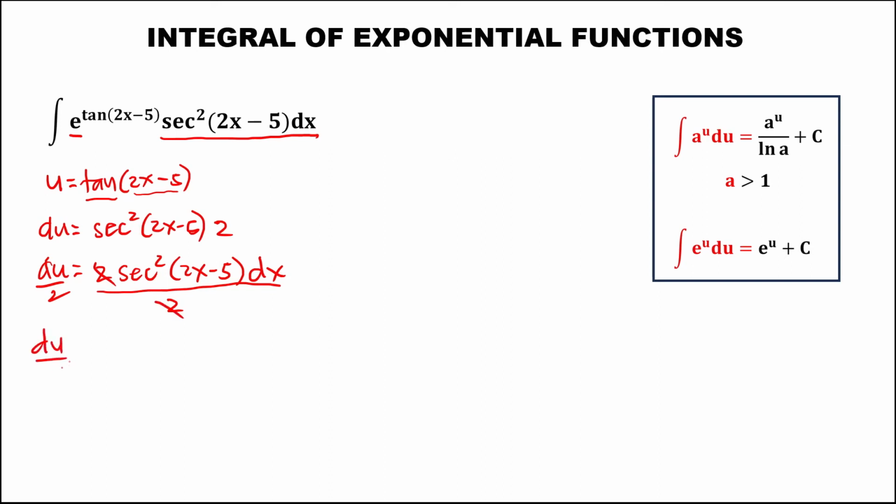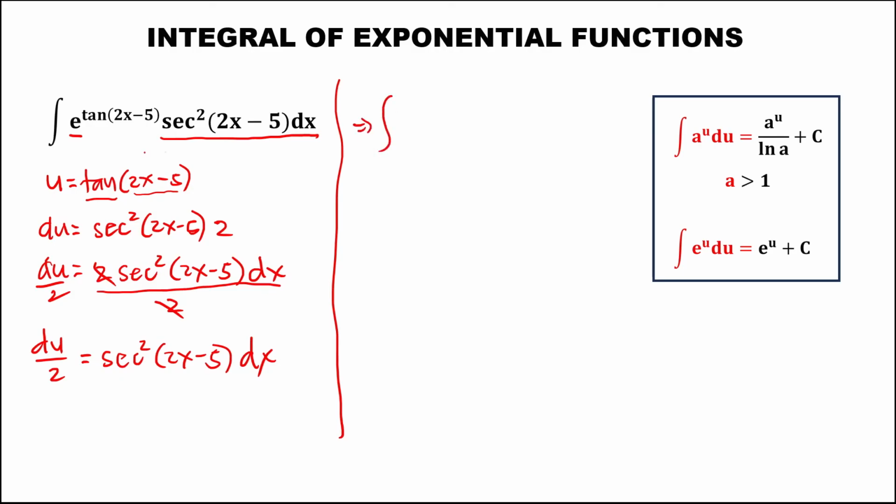So therefore, du over 2 is equal to secant squared 2x minus 5 dx. Using now the u substitution, this is equal to the integral of e to the power u and secant squared 2x minus 5 dx, which is du over 2.